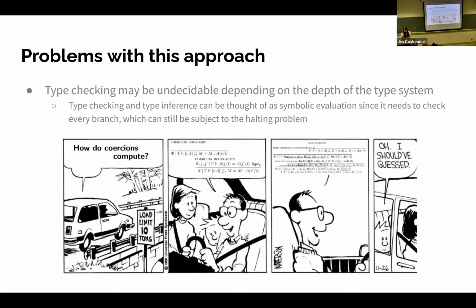So type checking systems, depending on how advanced they are, might not necessarily be decidable, which is a problem. If you don't know whether it's going to sit there loading forever, or if it's ever going to end. But there are a lot of more empirical ways to get around this.